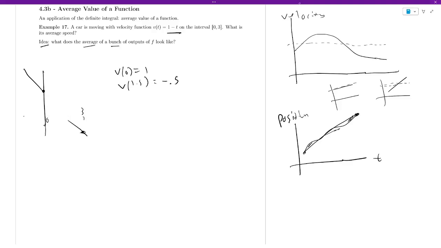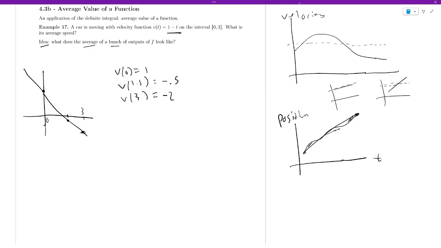Sorry about that. 1.5 is actually right here. I want these to be evenly spaced, which is why I picked 0 and 1.5. Let's also check v of 3. 1 minus 3 is -2.